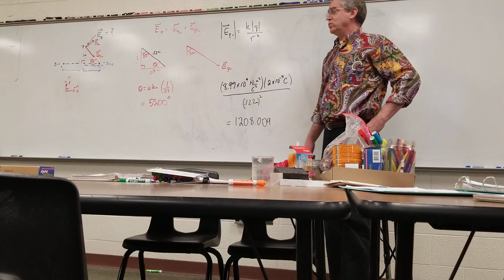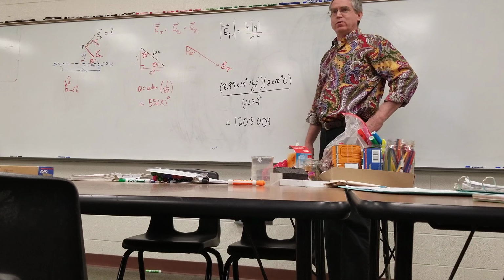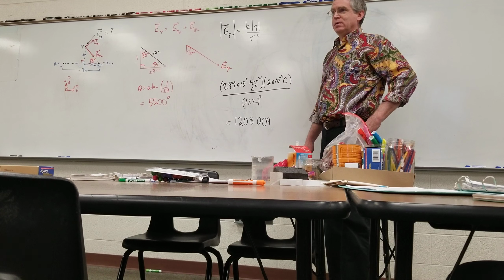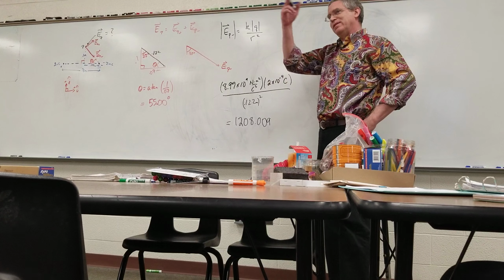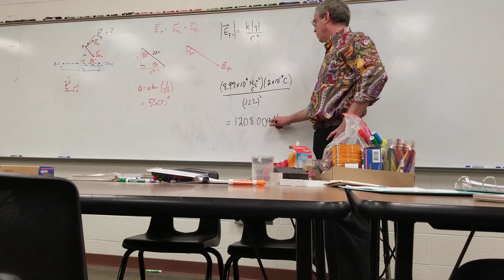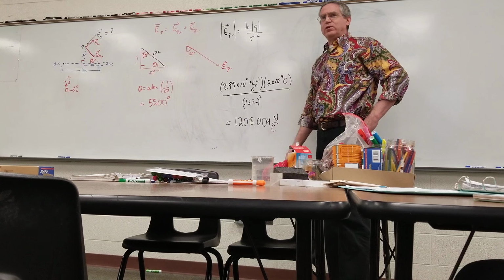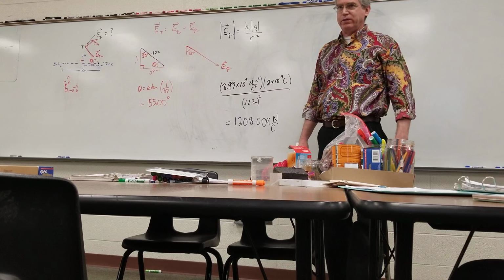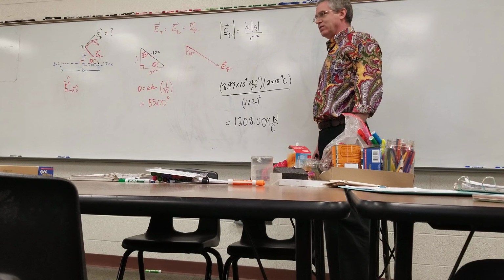Newtons would be force, and this is not quite force. What's that to the right? Oh. It was close. I see. Newtons per coulomb. There is no nice single unit expression for electric field. For whatever reason, they decided Newtons per coulomb is good enough.